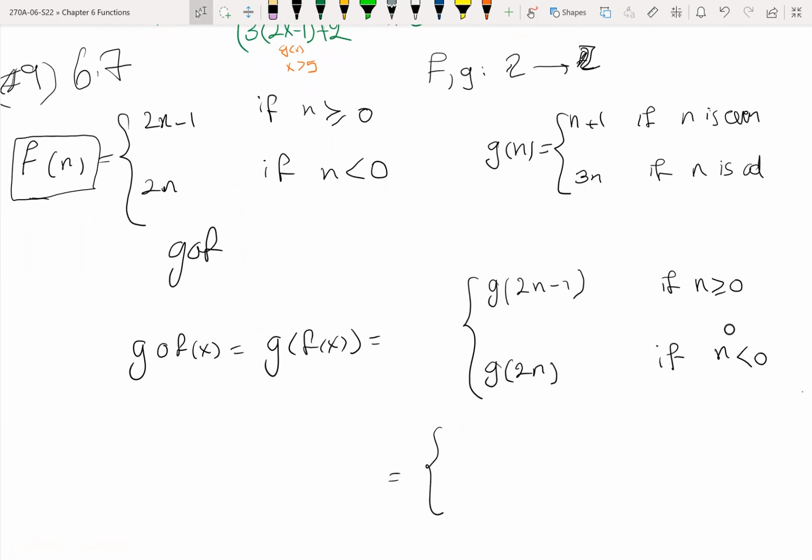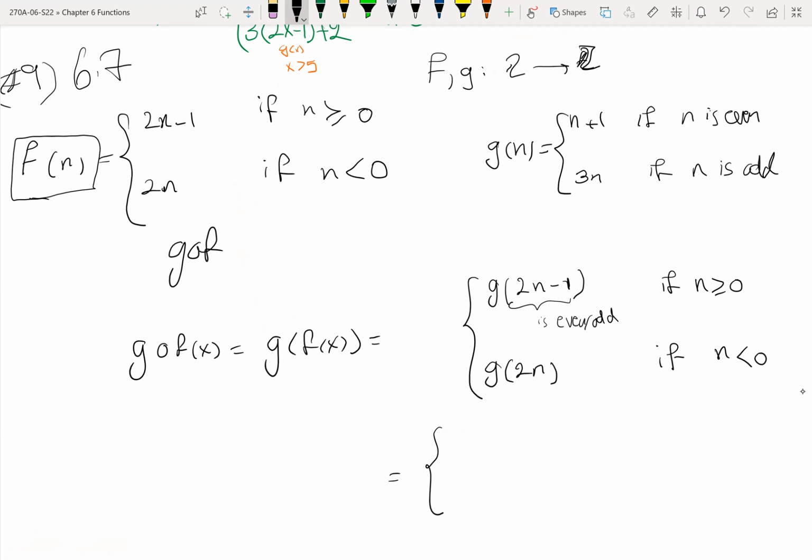When you are making g of 2n minus 1, you have 2 choices, depending on whether 2n minus 1 is even or odd. What do you think? If it is odd, you have to choose the bottom one.